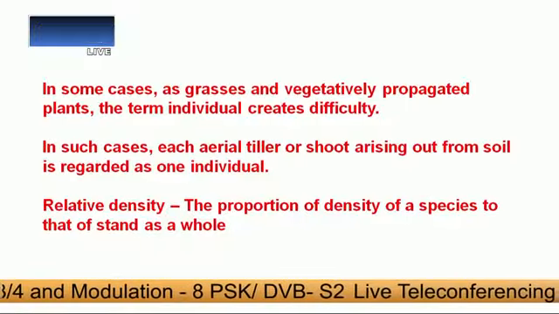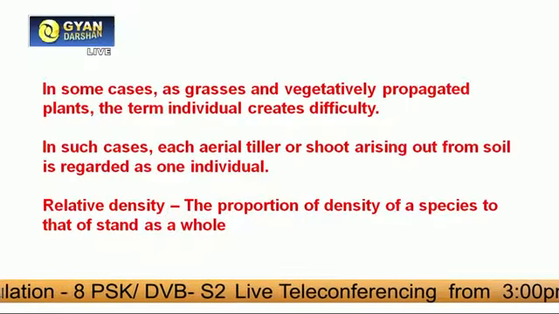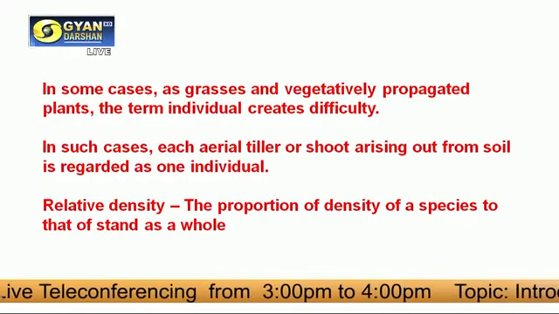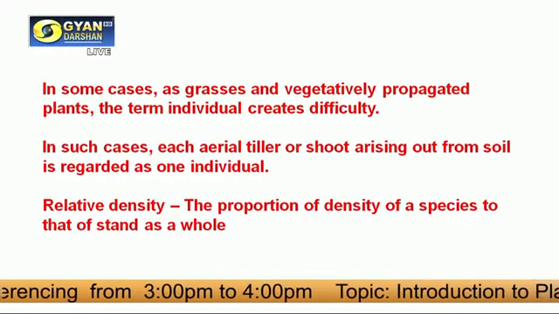In some cases, as with grasses and vegetatively propagated plants, the term individual creates difficulty. So if you think of grass, if somebody says, how many grasses are there? It's very difficult to say. If somebody says how many mango trees are there, you can calculate it very easily. But if somebody says how many grasses are there in this particular habitat, it's very difficult to calculate.